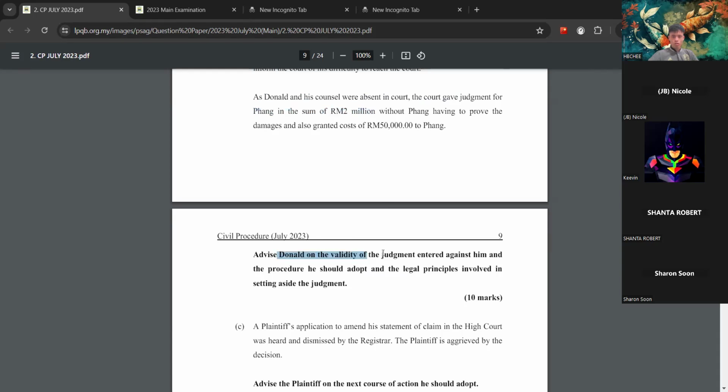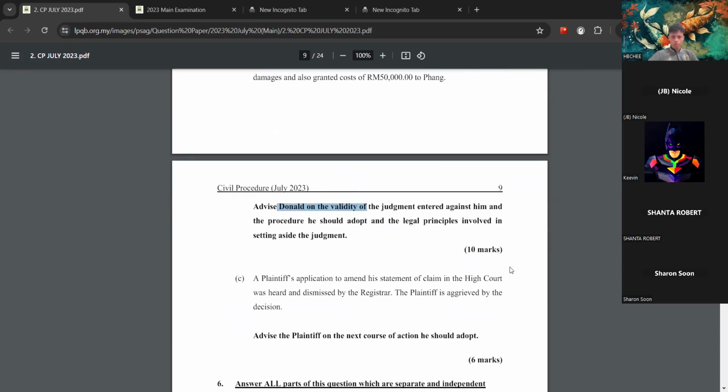Advise Donald on the validity of the judgment entered against him, the procedure he should adopt, and the legal principles involved in setting aside the judgment.